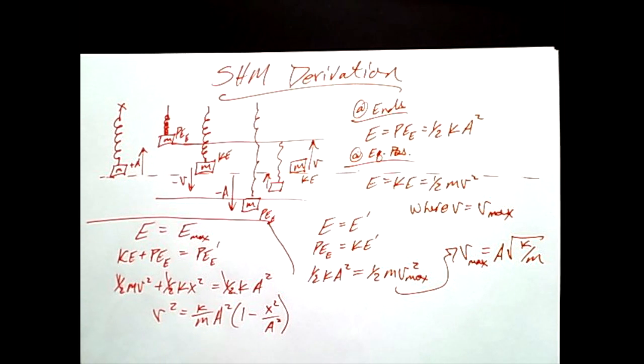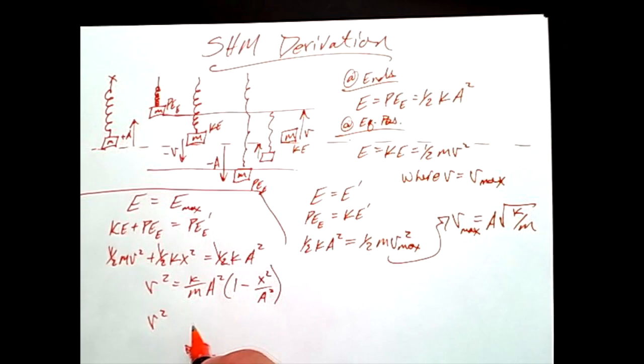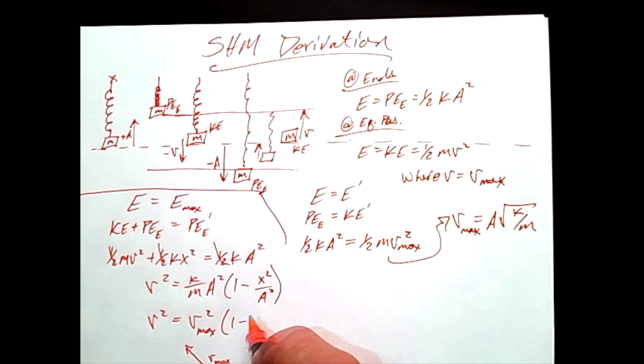And so the velocity squared is equal to V max squared times this quantity, 1 minus x squared over A squared.